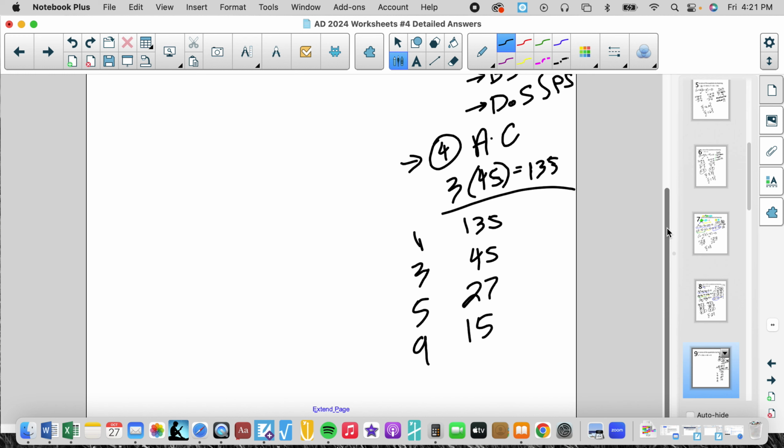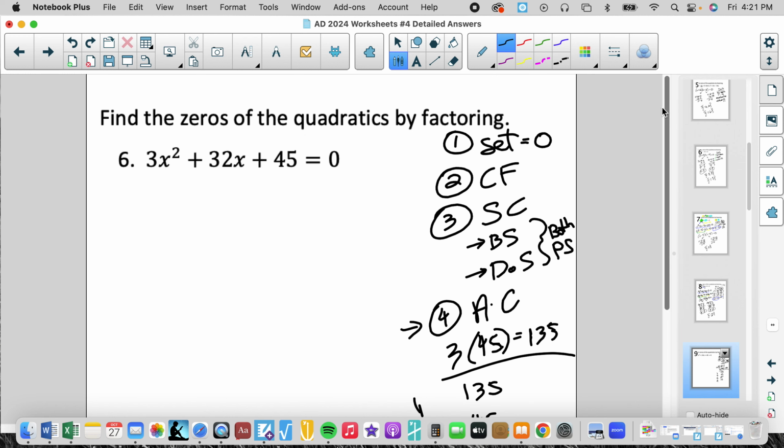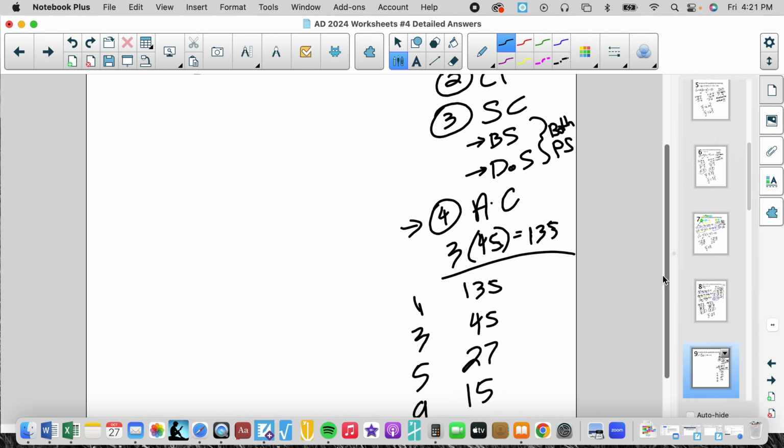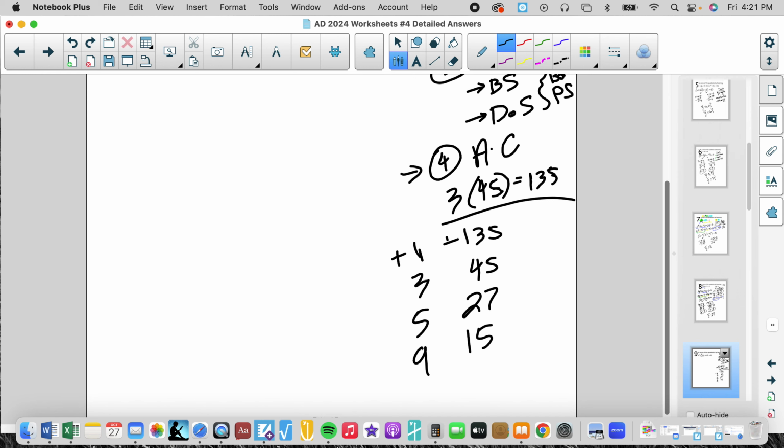So we have a positive number, so we know the signs are going to be the same. Since my middle term is positive, I know the signs are both going to be positive. The sums are 136, 48, 32, and 24.